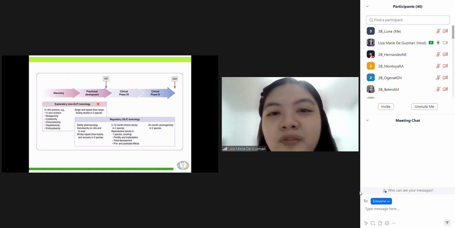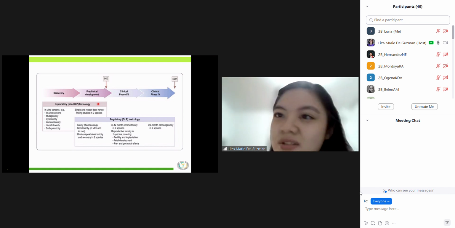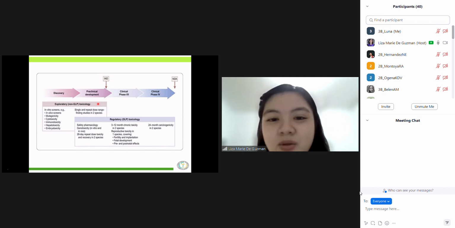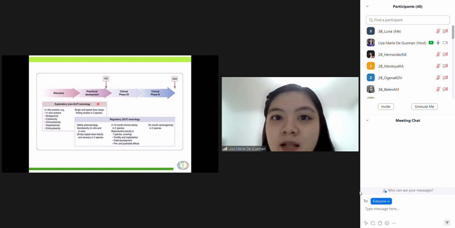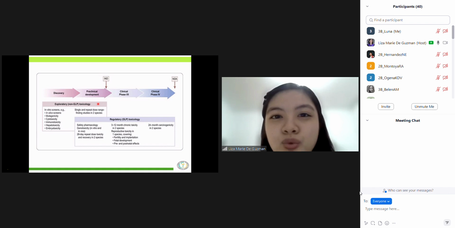This is what you have to remember: no chemical, no drug, no substance is 100% safe. All of them at some point will produce potential toxicities or adverse effects. So what is our basis for still pursuing clinical trials?